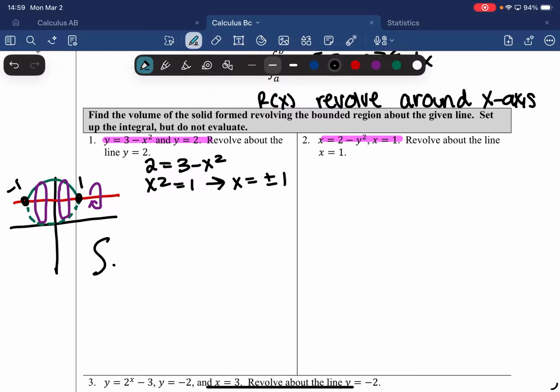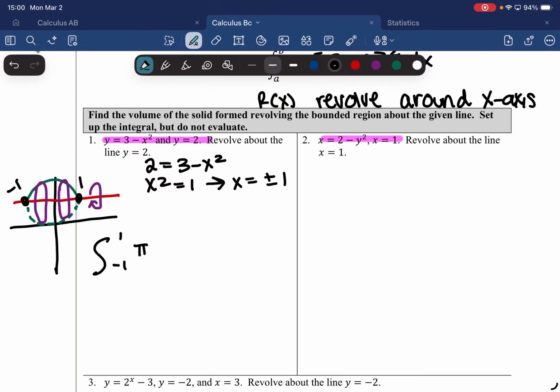So I have the integral from negative 1 to 1, okay, pi. And then this is where it's a little different, because no longer am I looking at an axis to a function. I'm looking at two separate functions. Okay, so before, the reason why we only wrote that one function is technically we were doing 0 minus something, or something minus 0. That's why we didn't write it.